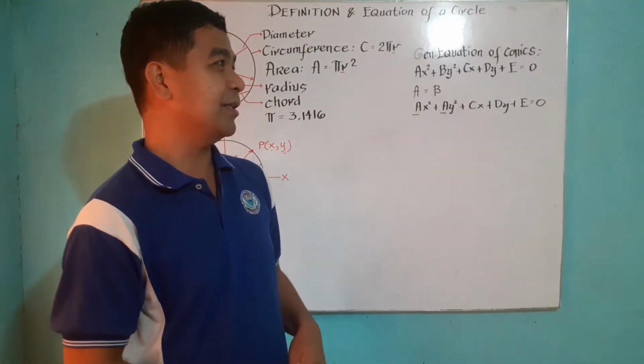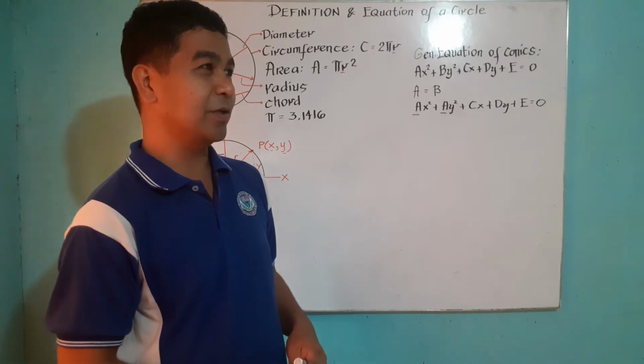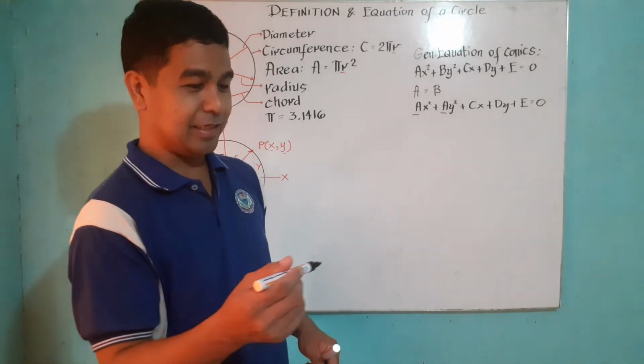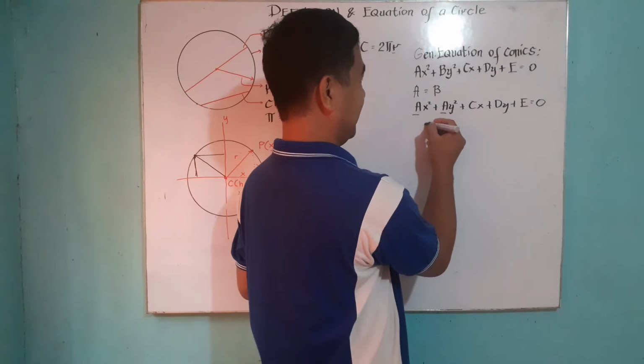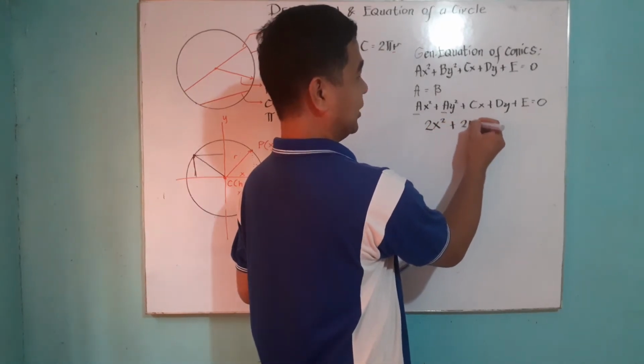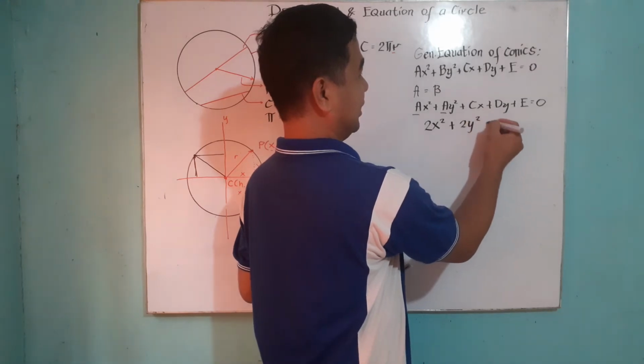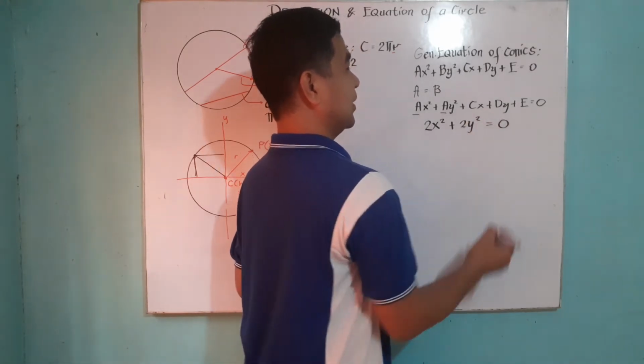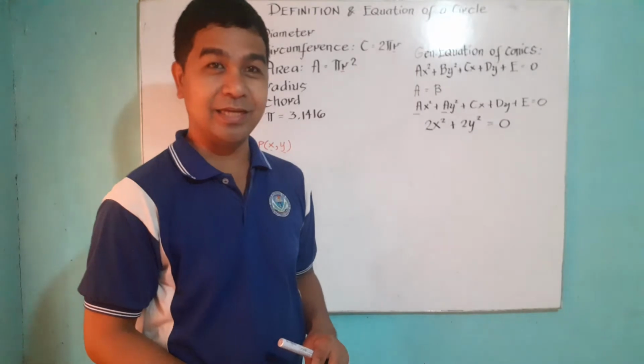So we can identify clearly from the general equation that it is a circle. For example, 2x squared plus 2y squared equals 0. This is a circle.